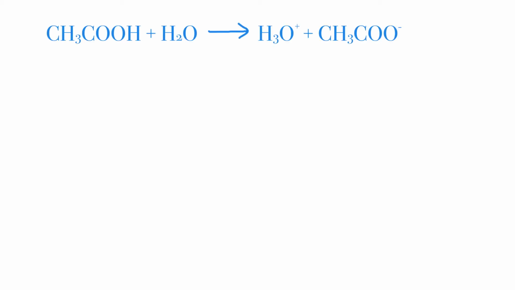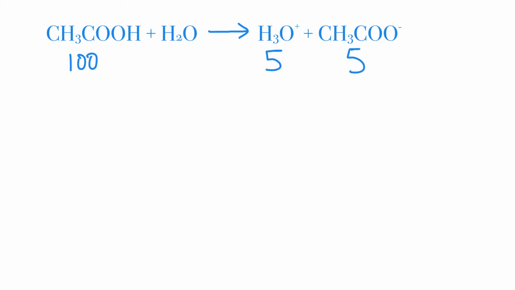So let us look at the equation one more time. Let us consider that we started off this equation with 100 molecules of the undissociated acetic acid. Okay, now because this is a weak acid, let's make another assumption that maybe 5 molecules dissociated.